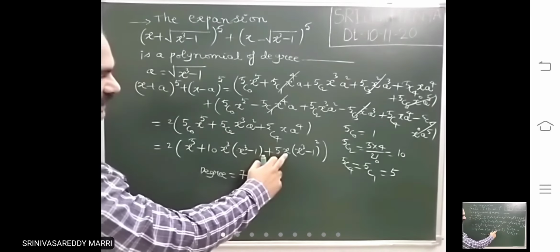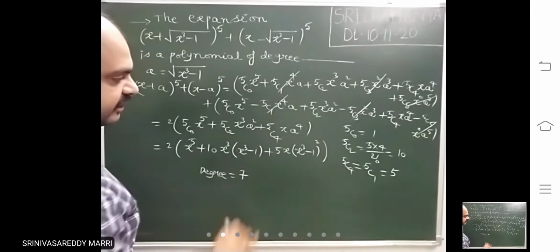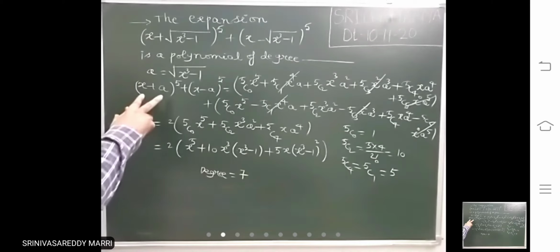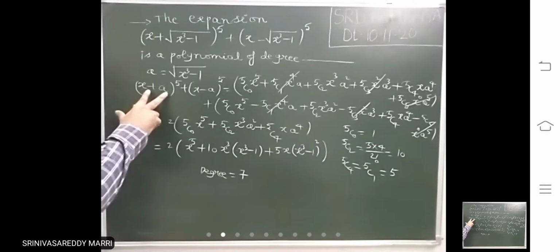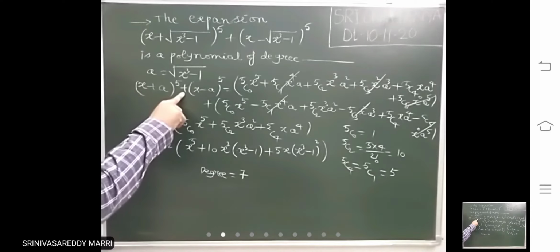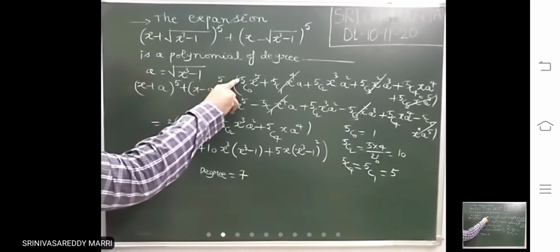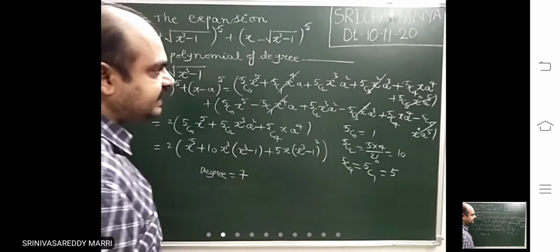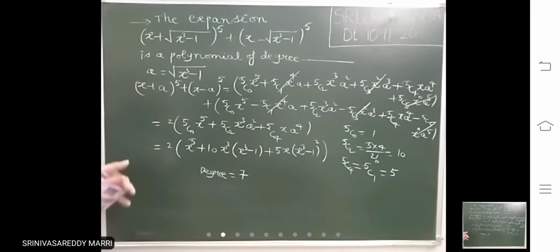Whatever may be the constants, he is asking only the degree. That means the degree is 7. Like that, whenever a plus expansion and a minus expansion are there with a plus in between, only even binomial coefficients will come. Odd binomial coefficients will get cancelled because alternate plus and minus signs will be there.